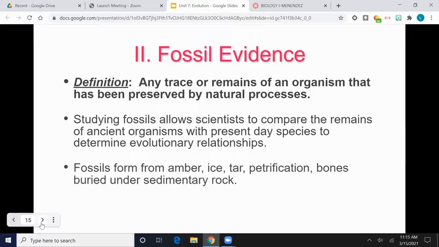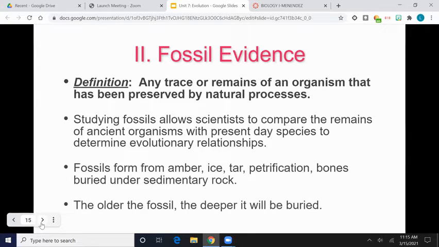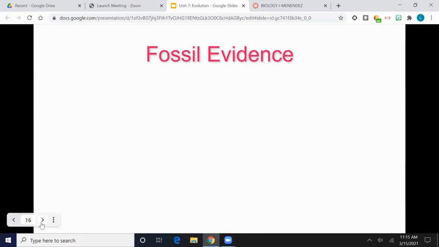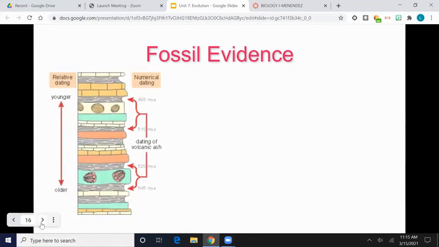Fossils can form from amber, ice, tar, petrification, and it can be bones buried under sedimentary rock. We can find fossils in many, many different forms. And of course, the older the fossil, the deeper it'll be buried. So I have some pictures on the next slide here. So this is what I mean by the deeper the rock, the older it is.